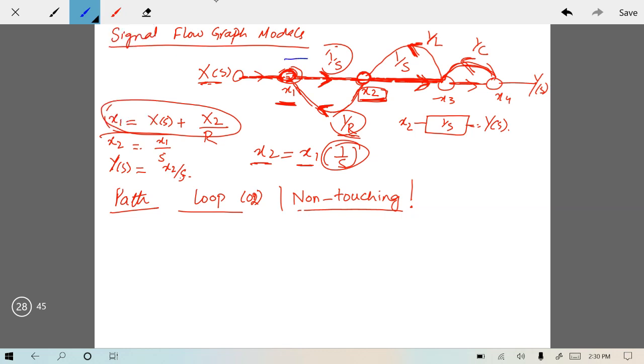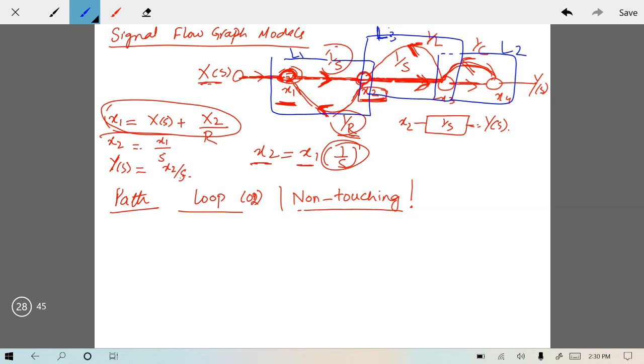One is this, another loop is this, and then another loop which I have just drawn is this. Let me call this loop L1, this loop L2, this loop L3.